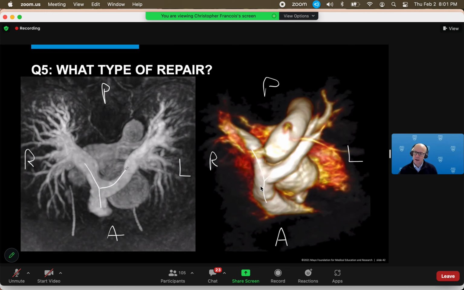And so this is done for patients who have a history of detransposition of the great arteries. And this is part of the arterial switch operation. And so this would be part of like a Jatene maneuver with the LeCompte. So it's a Jatene with a LeCompte maneuver.